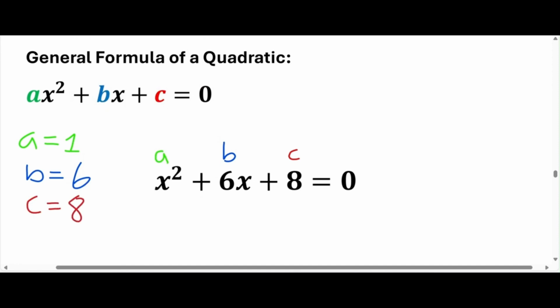Now we're going to be finding two numbers, right? And we're going to represent them as p and q. When p and q are multiplied together, they have to equal the c value, which is 8. And then when they're added together, they have to equal the b value, which is 6, right?